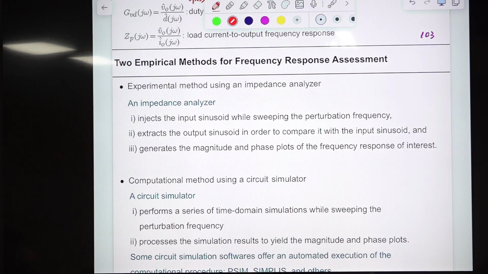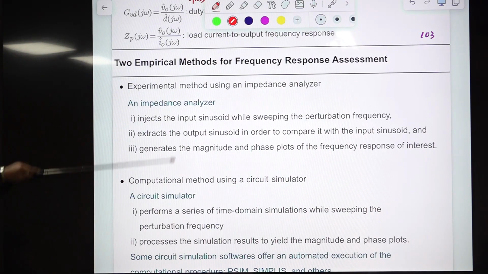Okay, this is the new modern approach. Everything is digital inside the equipment. As I said previously, all of this was done in an analog way. So this is the function of an impedance analyzer.